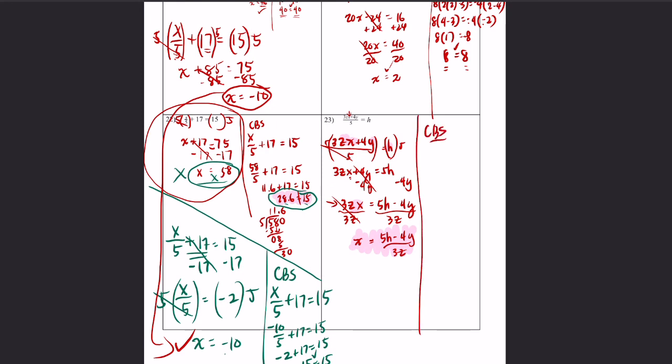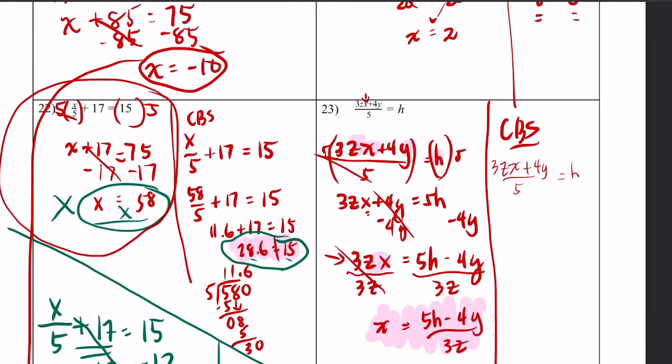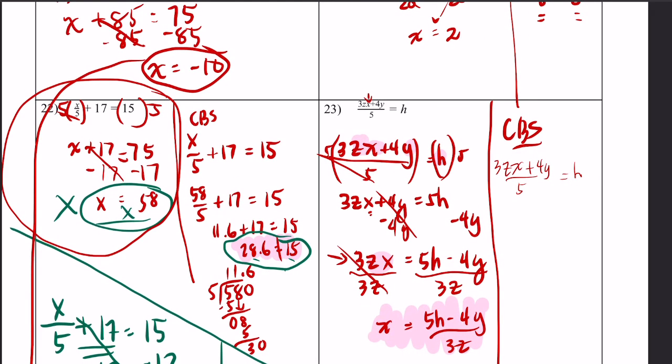CBS. So, what is the original equation? It's 3zx plus 4y over 5 equals h. Okay? So, let's see. What is the value of x? So, that's 5h minus 4y over 3z.